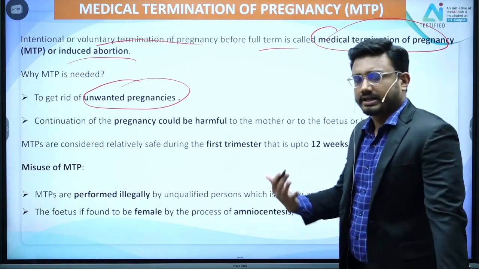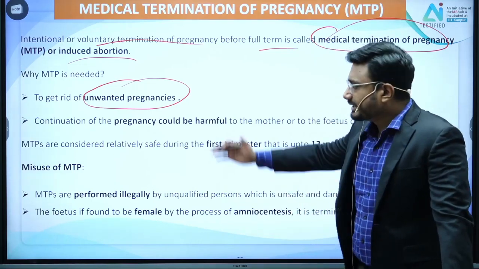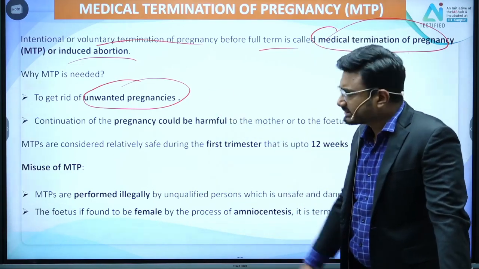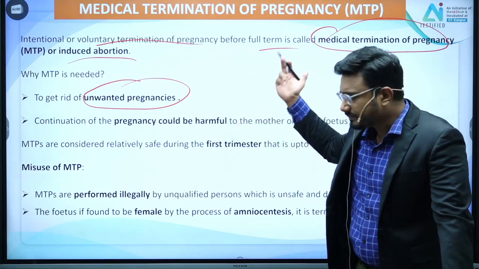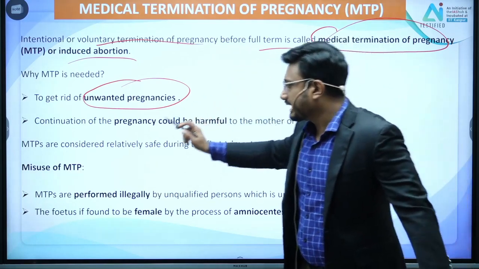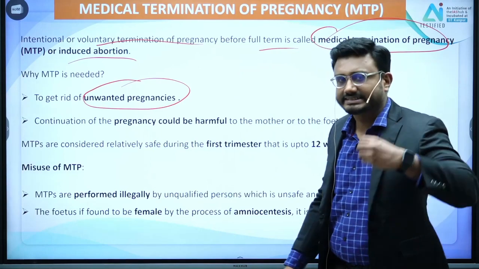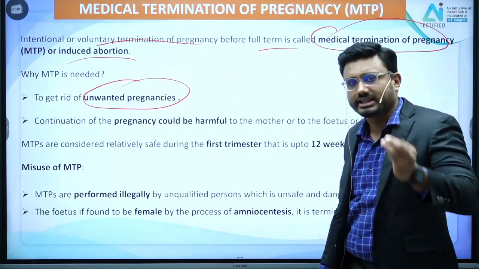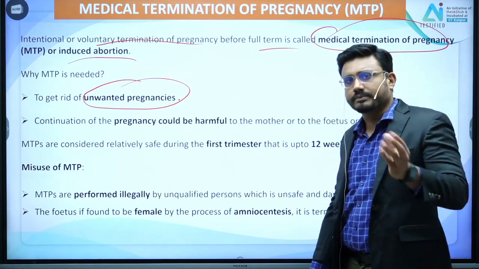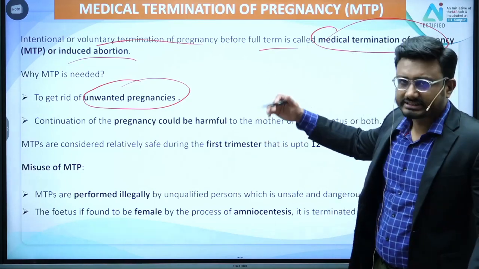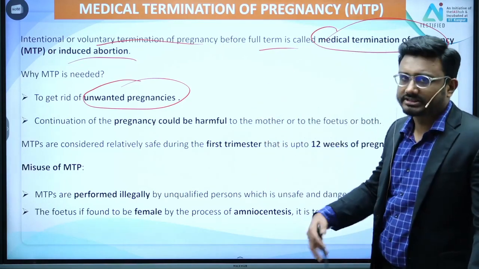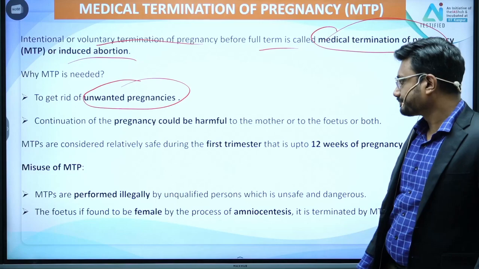If the couple is not planning a baby, they can get rid of the unwanted pregnancy by using this medical termination of pregnancy. If the pregnancy leads to harm to the health of the mother or fetus or both, then this process can be done so that no harm is done to the baby or the mother.